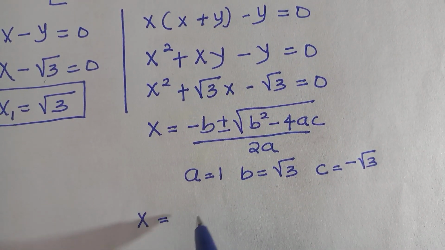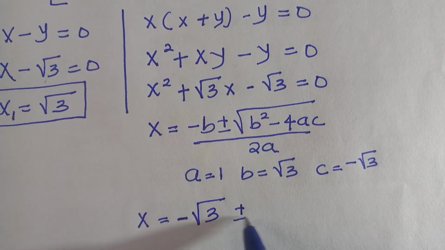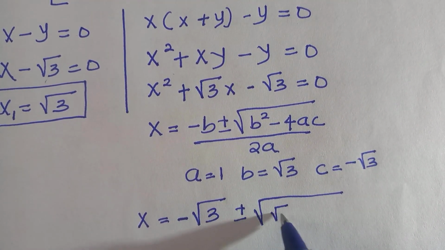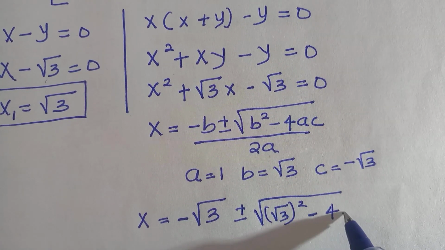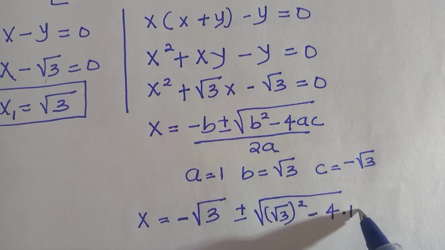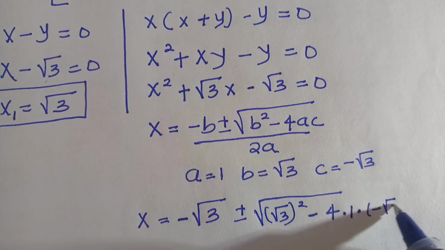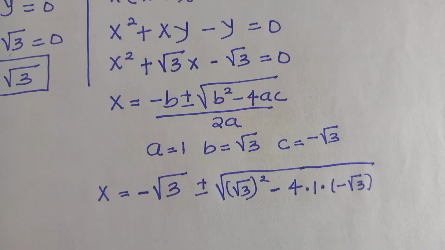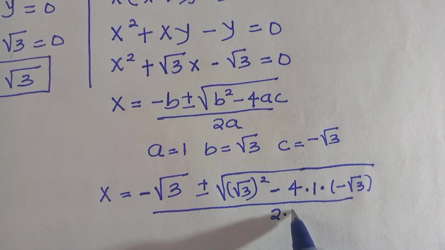Here we have x equals minus root 3 plus or minus the root of b, which is root 3, all squared, minus 4 dot 1 dot, so let's create a bracket for this, and here we have minus root 3, and everything divided by 2a, and a is 1, that is 2 multiplied by 1.